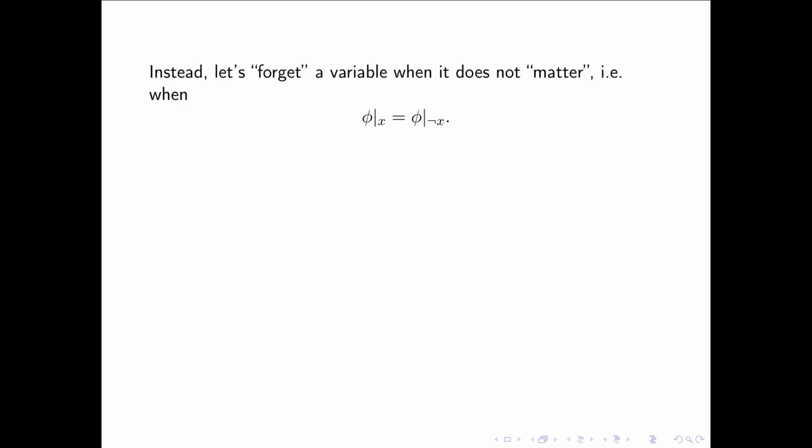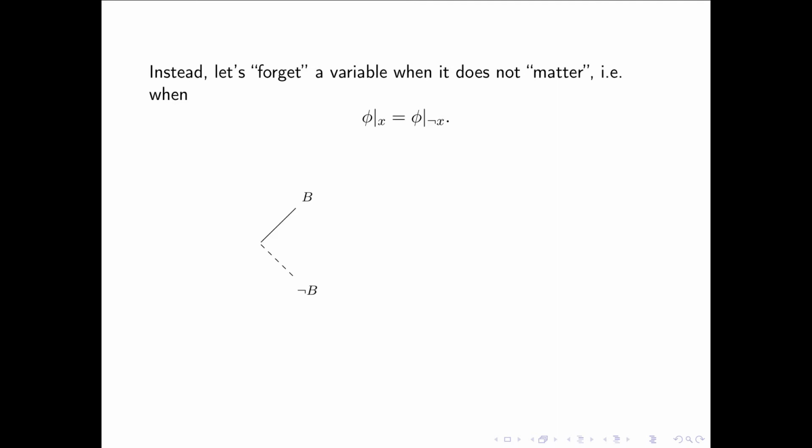And we can do this by forgetting a variable when it does not matter. So this means that we can basically marginalize a variable when the formula conditioned on the positive literal is the same as the formula conditioned on the negative literal.